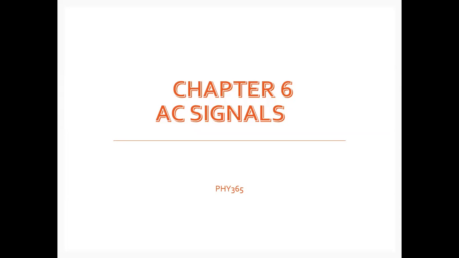So this is chapter 6, and we talk about AC signal. In digital, we are happy with DC voltage and current.